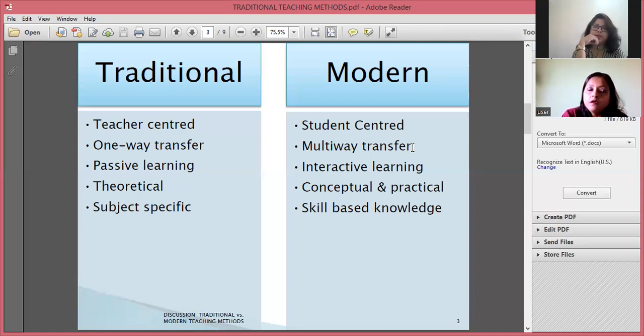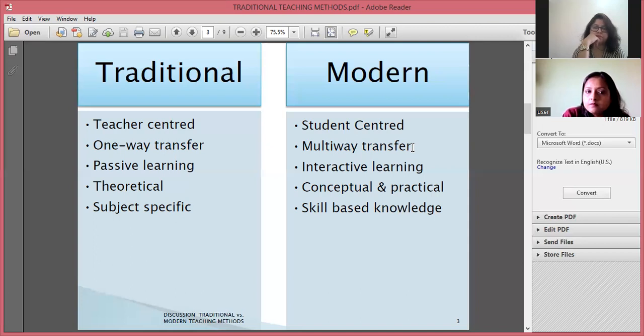Next is the traditional method is theoretical. On the other hand, the modern method is conceptual and practical. We discussed this in earlier slides. And the traditional method is subject specific. The modern method is skill based knowledge.